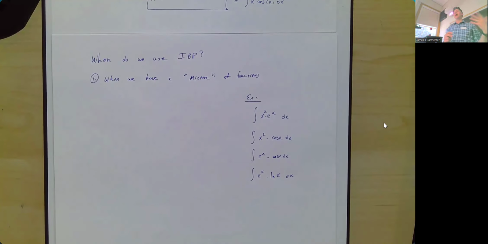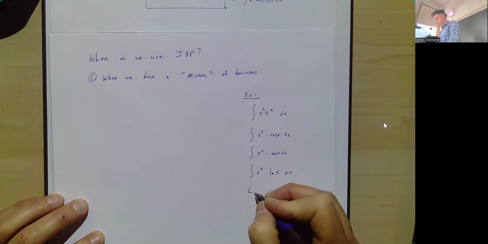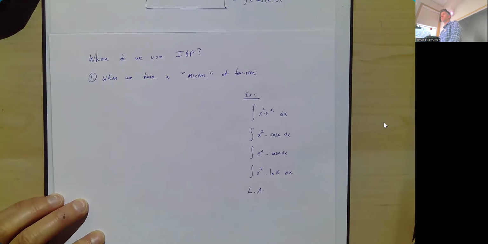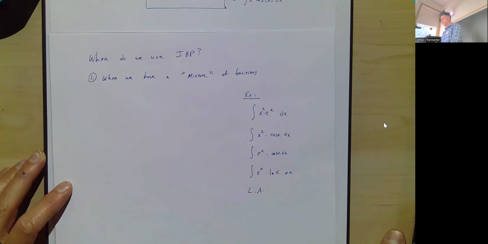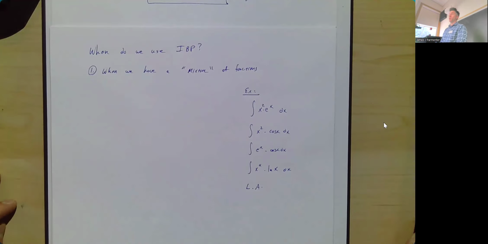And the four types that we typically see in this class are logarithmic functions, algebraic functions, which is not my favorite way of referring to it, but basically when we say algebraic, we mean like a power of x, x squared, x cubed, square root of x, x to the negative fifth.